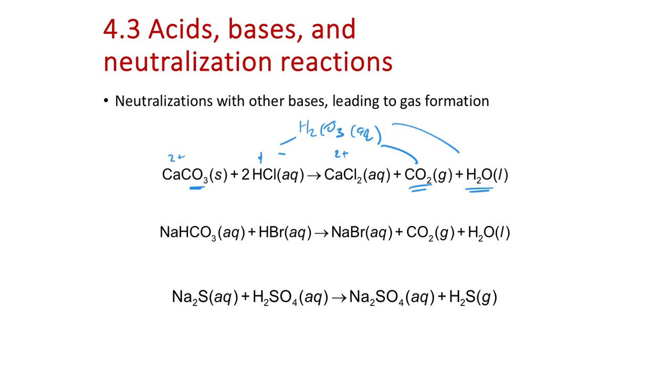That drives this reaction to take place, because as soon as the CO2 forms, it floats away, and then you can never go backwards. So things that allow reactions to take place are things that form and can't go backwards, like solids, like water, like gases here. It's that gas formation that allows CO2 to float away and never go backwards into the reactants.